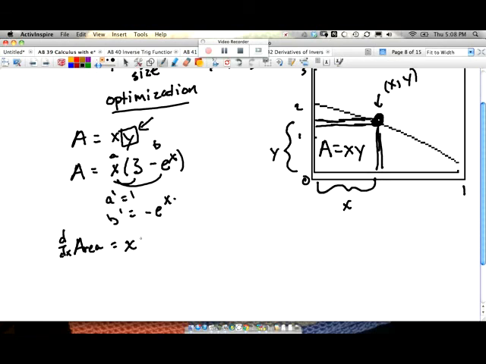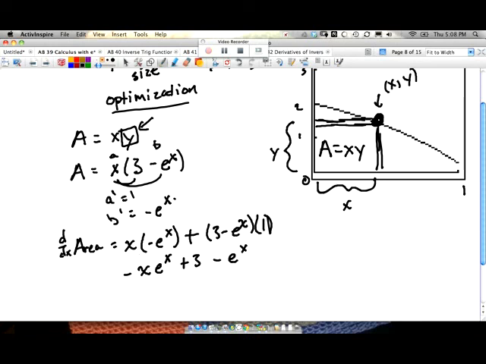That's going to be x times negative e to the x plus 3 minus e to the x times 1. So we got negative x e to the x plus 3 minus e to the x.